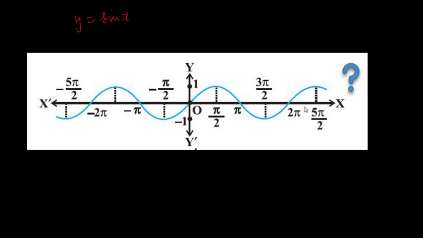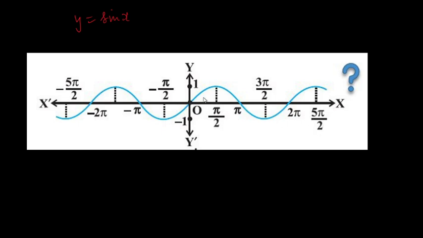The lateral axis, that is the x-axis, on the right side has 0 to x on the positive side. On the left side you have 0, and here that is minus infinity. So in this case minus 5 pi by 2, here 5 pi by 2.